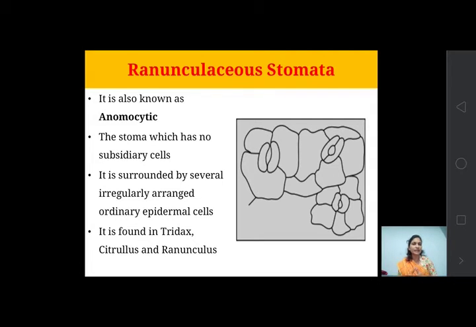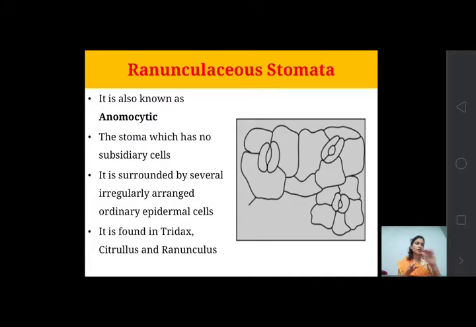In this case, the special type of subsidiary cells are absent in this stomata. So you ask me, what are these cells seen in the figure? These are the simple epidermal cells, the epidermal cells in which this stomata is present.